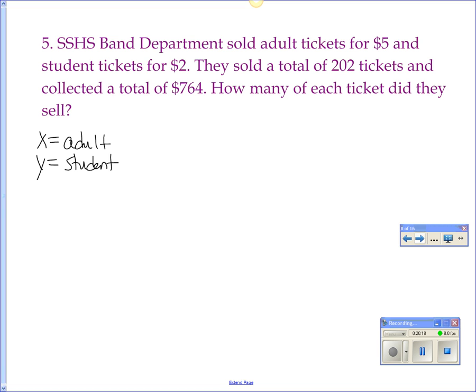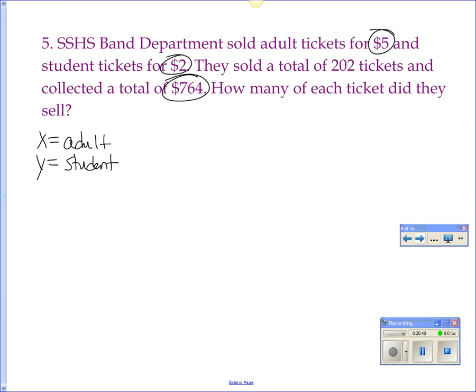It's not set up nice and neat, okay? This one is going to be a money, money, money problem. So circle your 3 money numbers. Those 3 numbers go in the first equation.